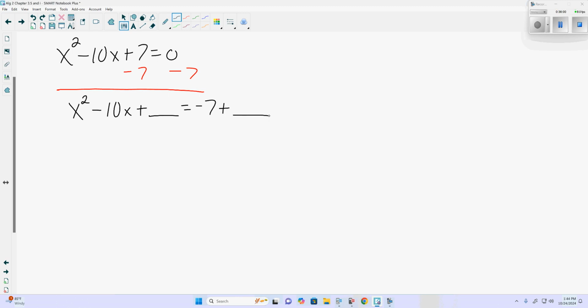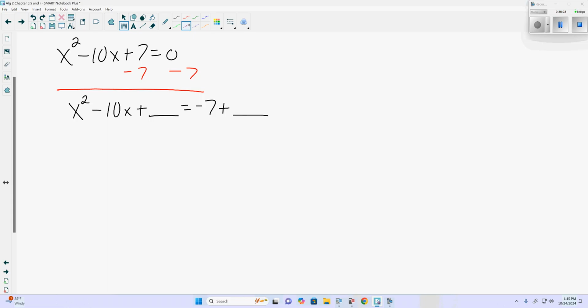We're going to leave 2 spaces, and the reason is we're going to have to plug back in the value of c to make this a perfect square trinomial. I need to make the left-hand side a perfect square trinomial so I can rewrite it as a single set of parentheses being squared. Questions on steps 1 or 2? We feel good with steps 1 and 2.